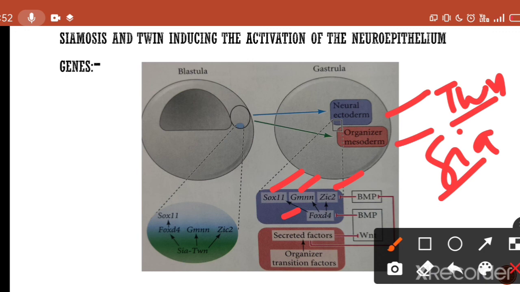As we can see, these are the secreted proteins that inhibit Wnt, and they inhibit the BMPs too. So if BMPs and Wnt are not blocked, then the SOX11, GMNN, FOXD4 and ZIC2 transcription will decline.